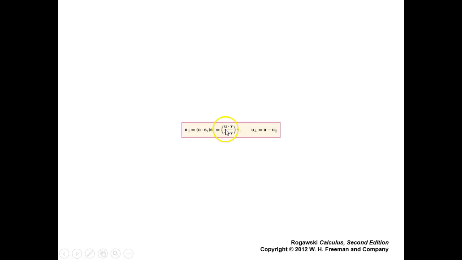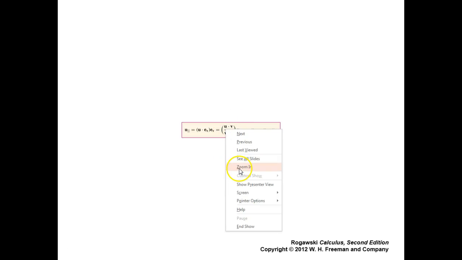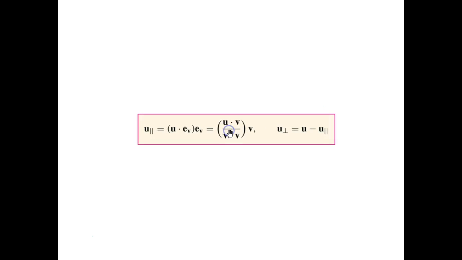We've had all these before, but they're showing them again here in the summary. The component of a vector parallel to another vector is the dot product of the vector in question with the unit vector in the direction of the second vector, multiplied by that second vector.